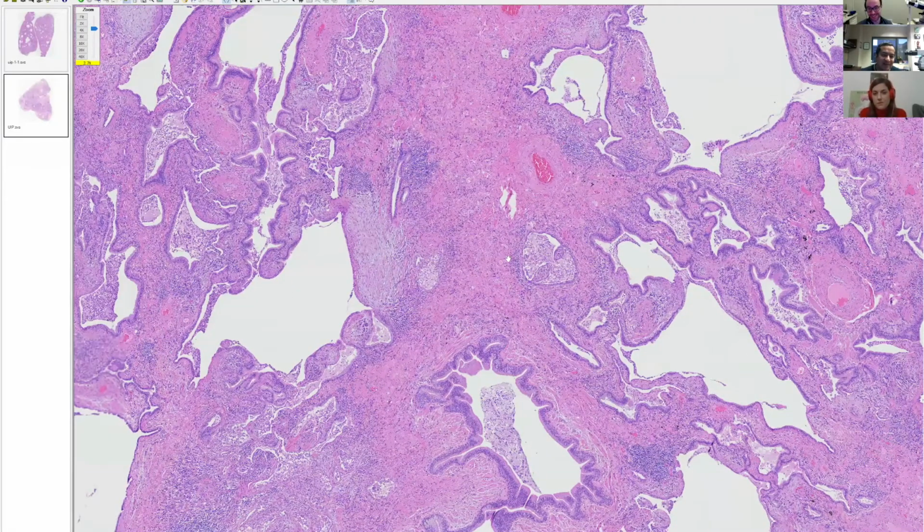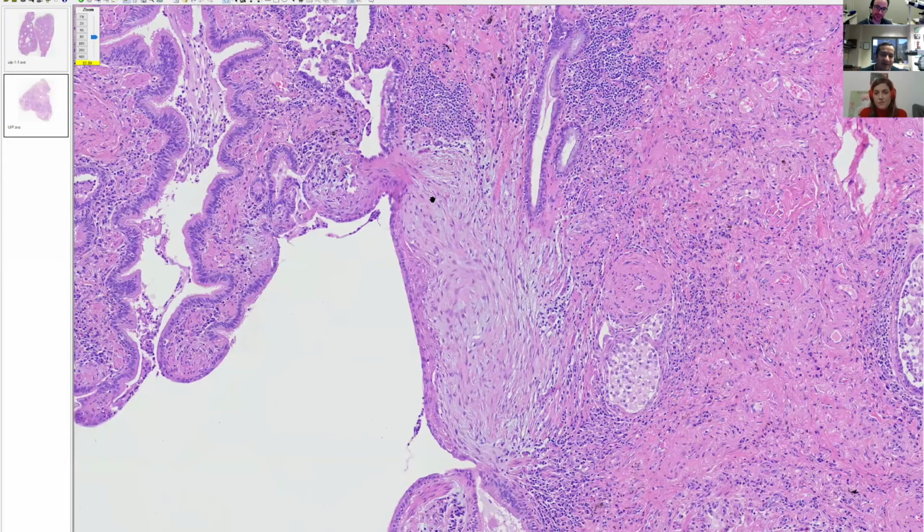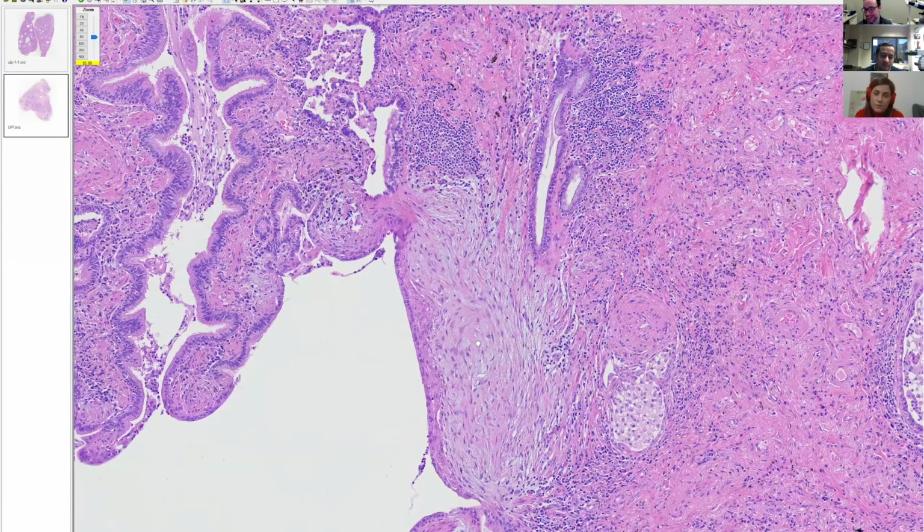They kind of pop out. Yeah, beautiful. This case has really nice examples of them. Just as a review, here are these nice fibroblastic foci. They kind of bulge into the airspace here, and I actually like the spatial and temporal heterogeneity.